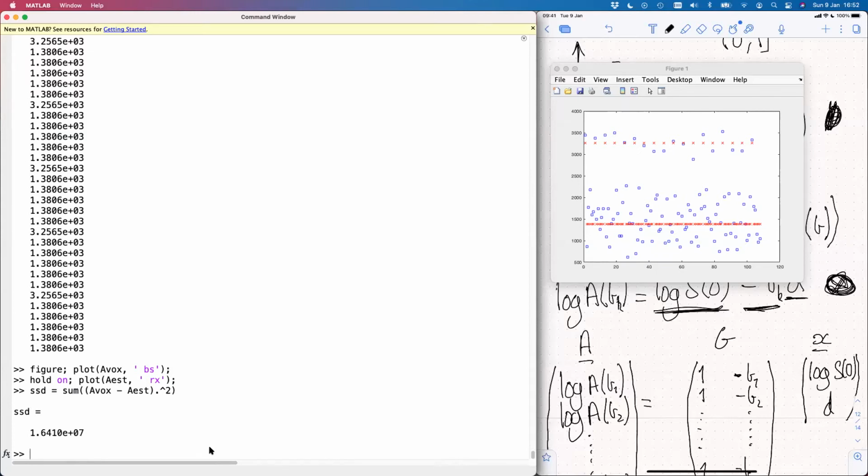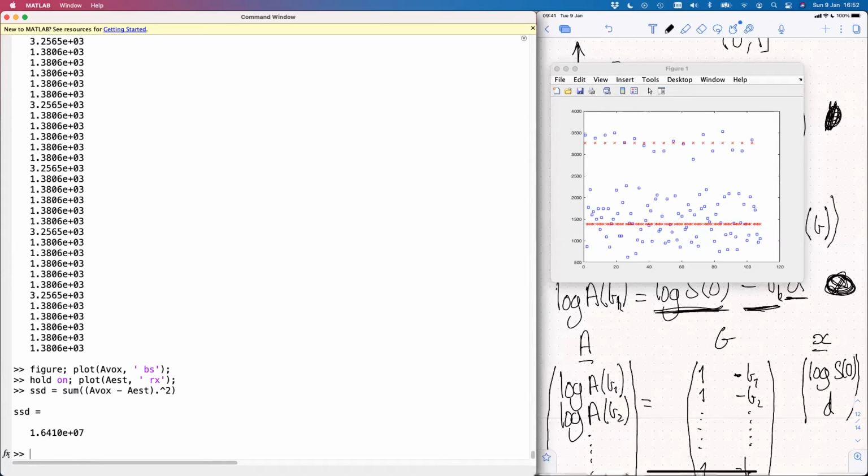And so that gives us a sum of square differences of, what's this number here, 16 million, I guess. So we'll compare that with later models that should approximate these data better. Not a particularly meaningful number in its own right, but we'll come back to that a bit later.